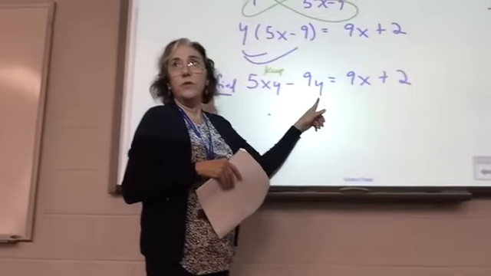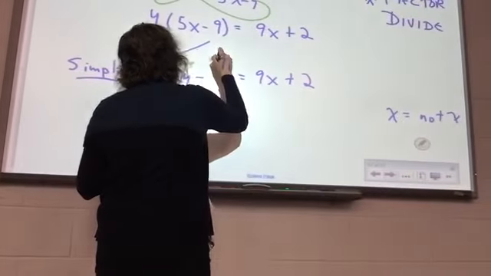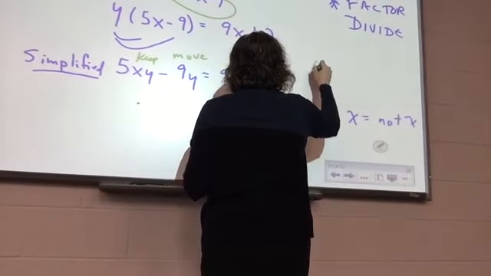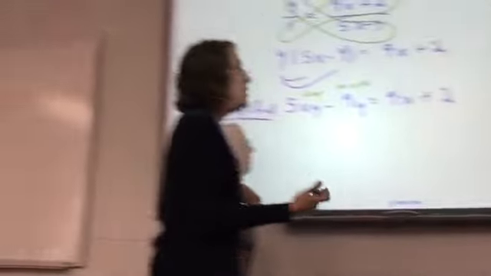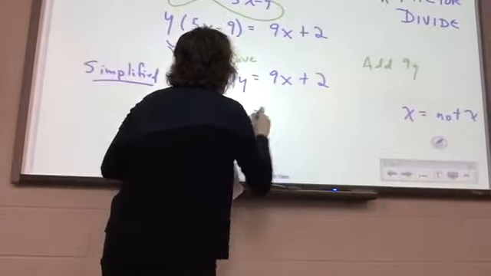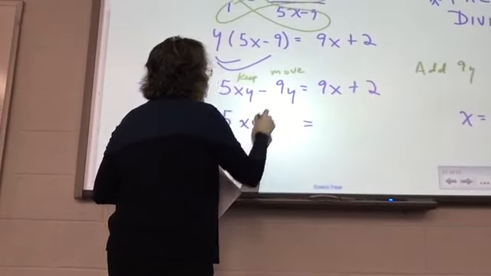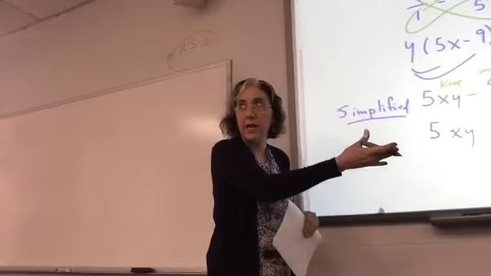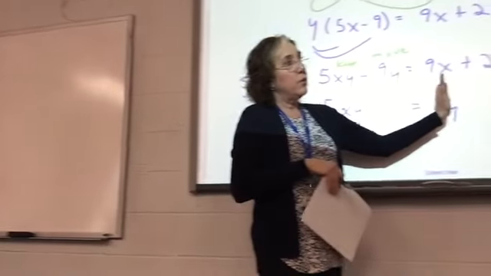Keep or move? Okay, now how do I move it? I have to add. Good. So we're going to move. What we're going to do there is add 9y to both sides, right? Let's keep the equals here. So I'd have 5xy, and I'm just going to go ahead and write the 9y here because I'm moving it by adding it. Now you're on the other side of the equals.